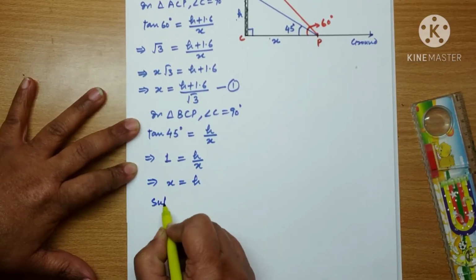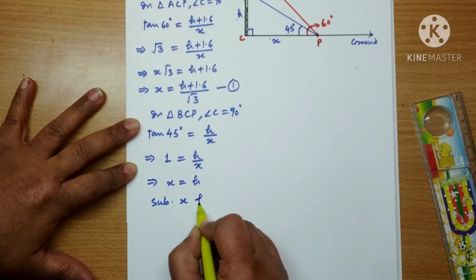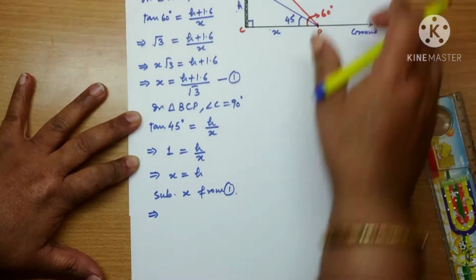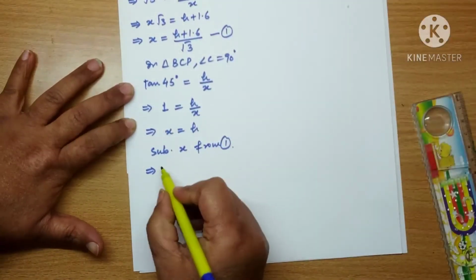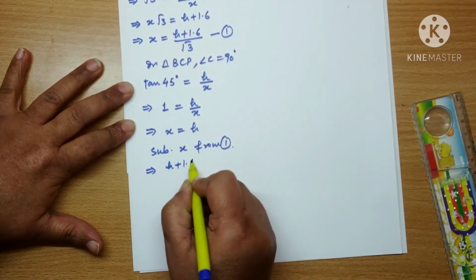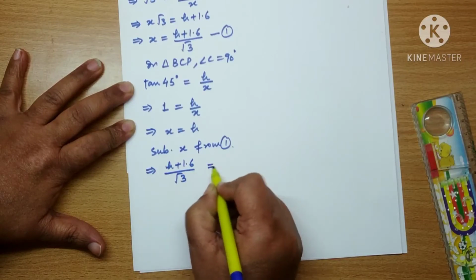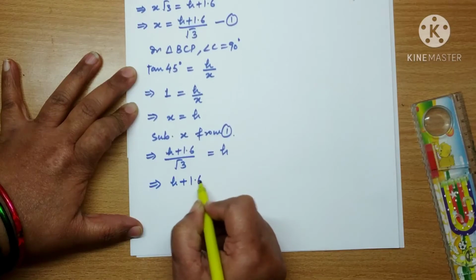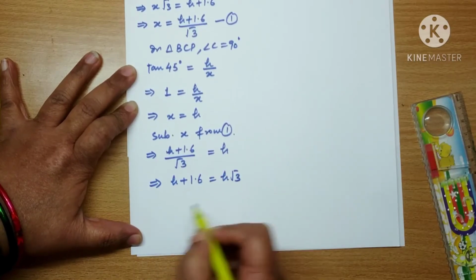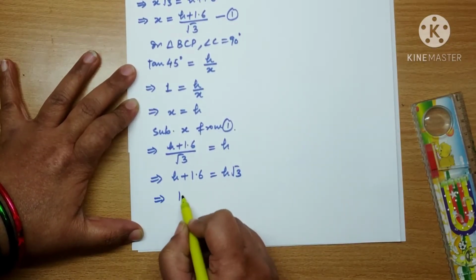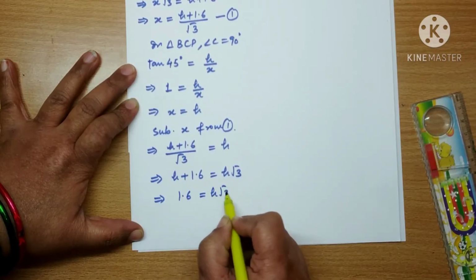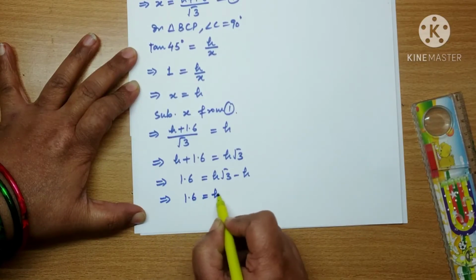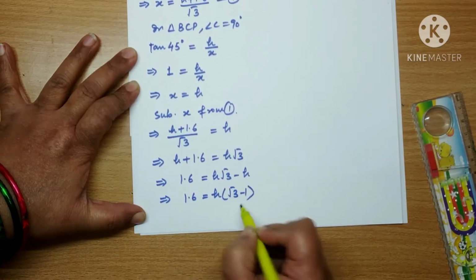Now substituting x from 1, if we substitute the value of x, I get h plus 1.6 by root 3 is equal to h. That gives me h plus 1.6 is equal to h root 3. So this gives me 1.6 is equal to h root 3 minus h. So 1.6 is equal to, if I take h common, I get this.